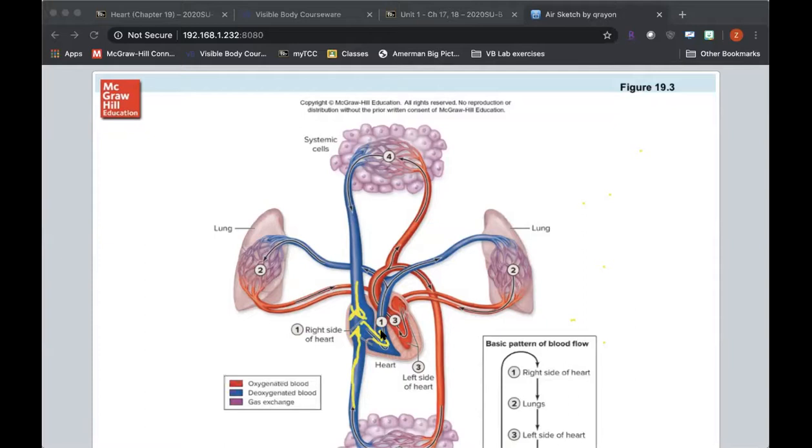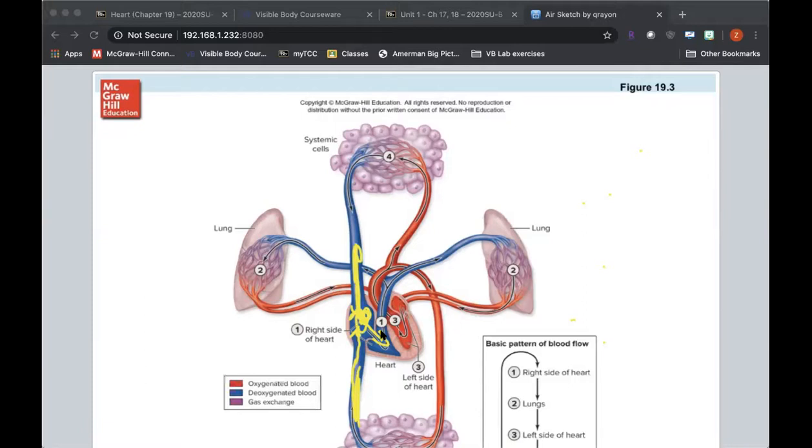Then that's going to cause a backup in the right atrium, a backup of blood in the vena cava, and ultimately a backup in the systemic capillaries, which increases pressure in those systemic capillaries, which increases fluid filtration.